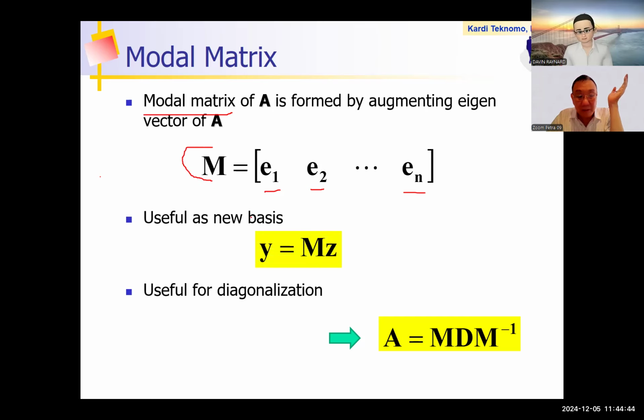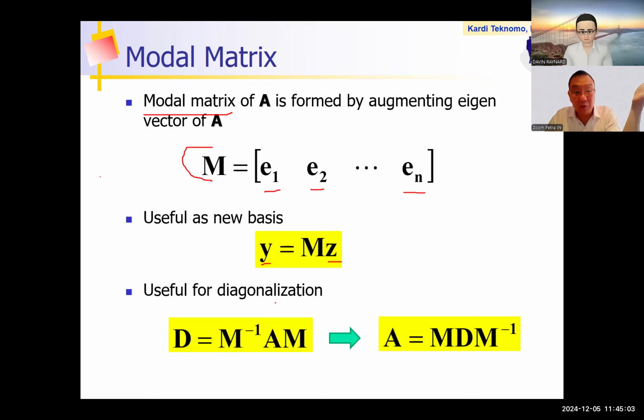Why is this modal matrix important? Because this now becomes the new basis. So you can multiply by the coordinate, and you can get the new coordinate. And this is also useful for diagonalization.